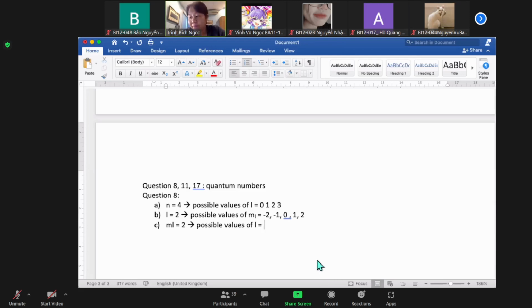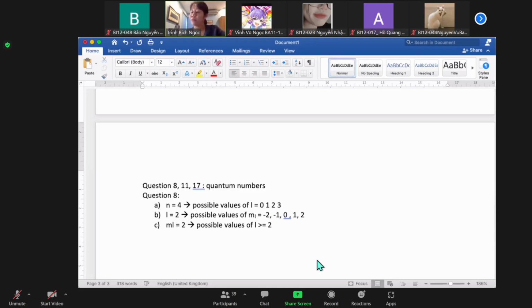It will be greater or equal to 2. Okay, so this is question 8.